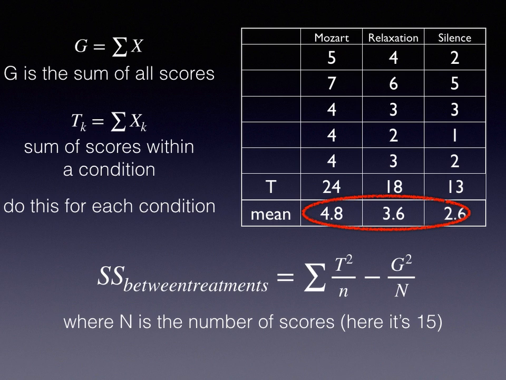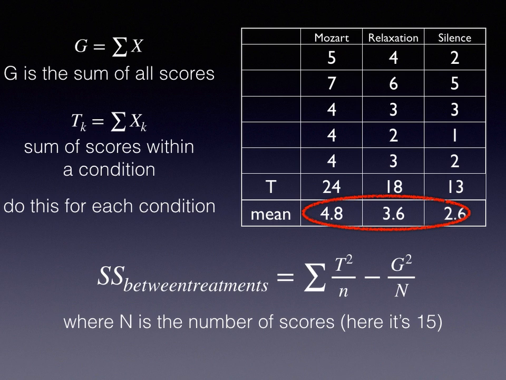And we'd add that to 18 squared over 5. And 13 squared over 5. So you add all those quantities up, and then from that you subtract the sum of all scores squared. So you square G, you add up all 15 scores and then square them, and you divide by 15, which is big N, the total number of scores. So one more time, sum of squares between treatments.